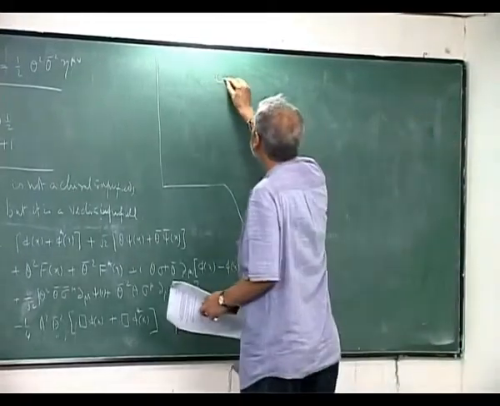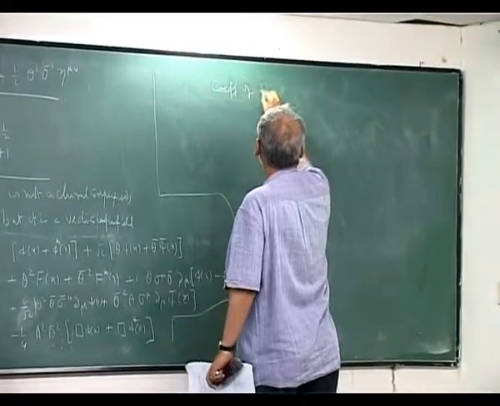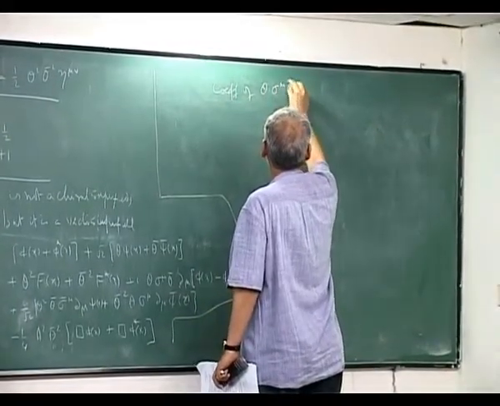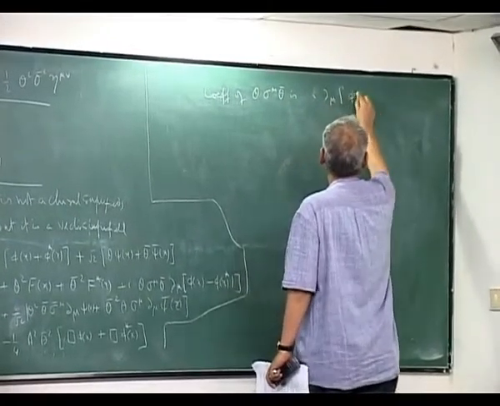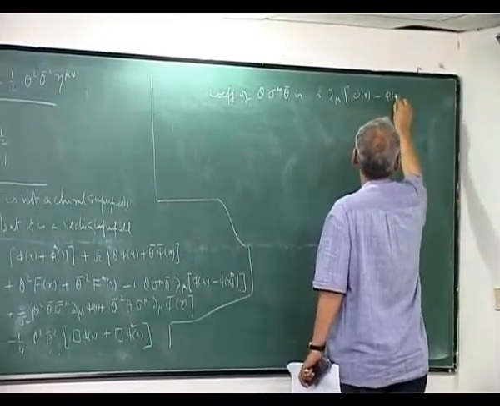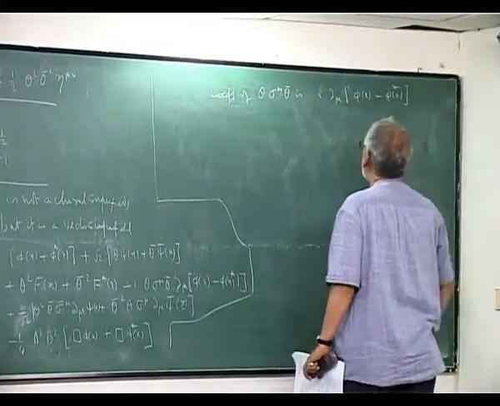So the coefficient of theta sigma mu theta bar is i times d mu of phi(x) minus phi star(x).